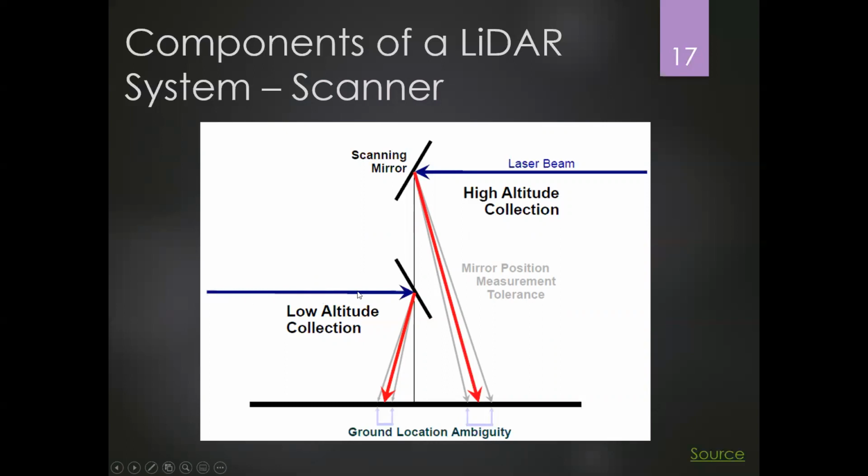You're flying along this blue line, and your sensor, or you can consider this as a laser beam, is flying along this direction. Anyway, the red line is actually the laser beam shooting to the ground, right? If you're flying low altitude, the area you can observe on the ground is relatively small.